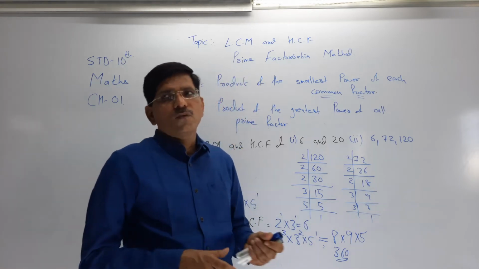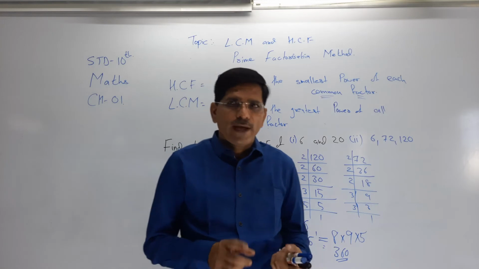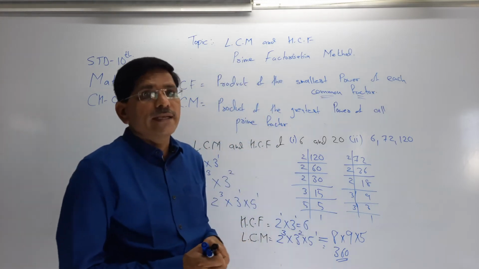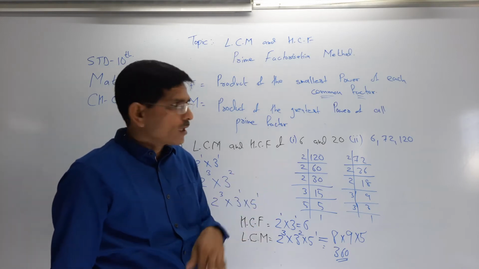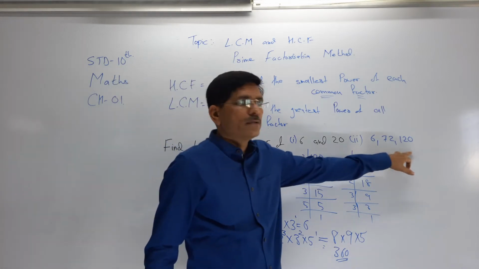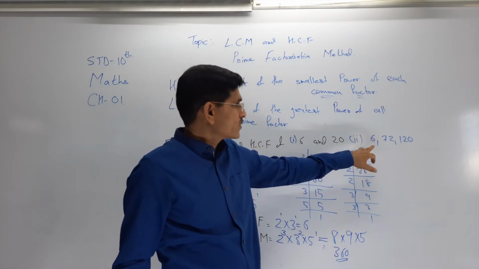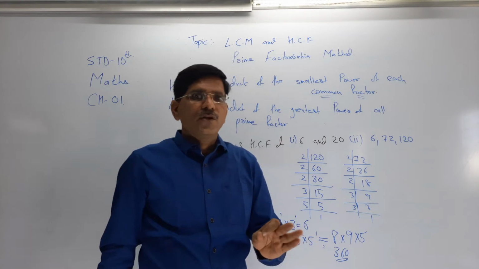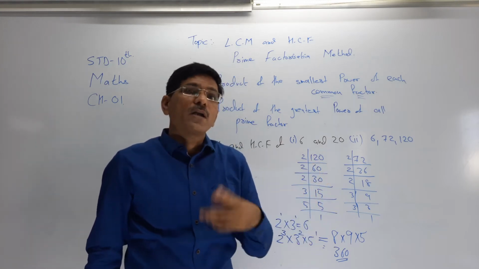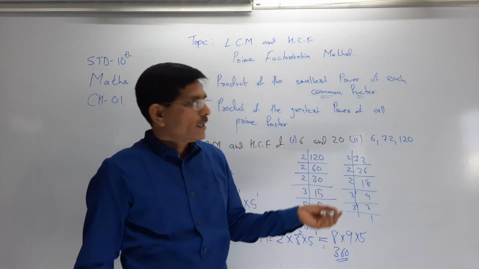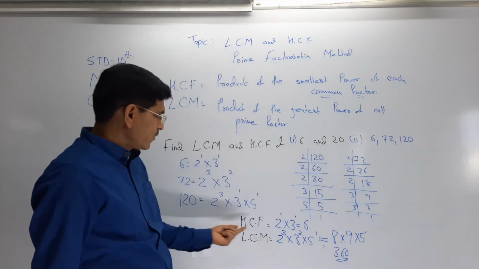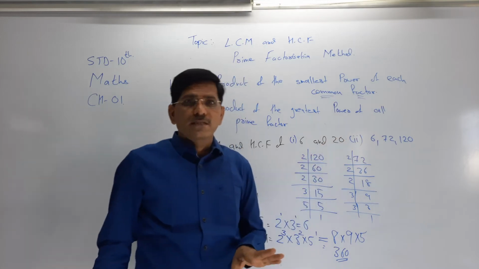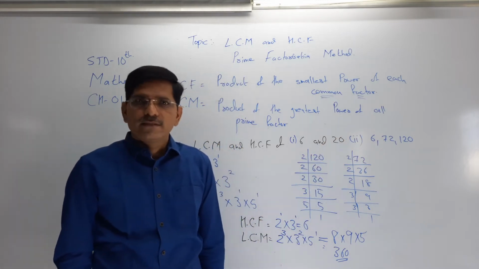Another thing we should note: when you find HCF, it should not be greater than the smallest number. Here the smallest number is 6, so HCF should be 6 or smaller than 6, but not greater. Here HCF is 6.